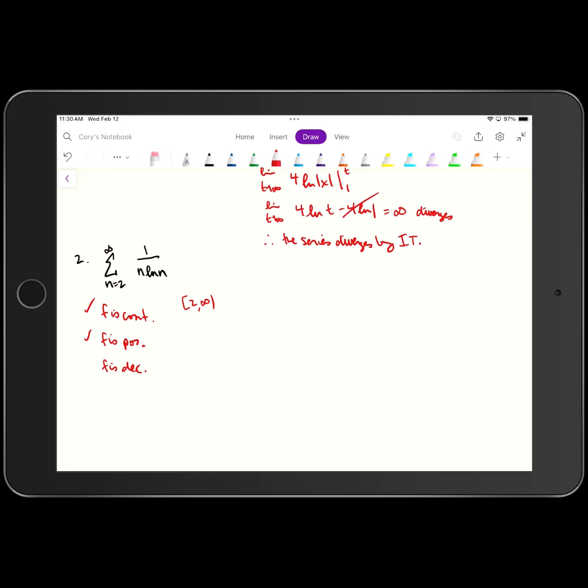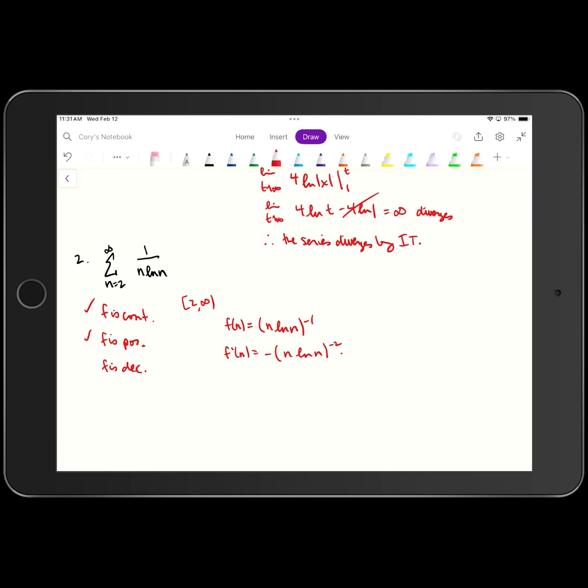So what I'm going to do is differentiate that formula. I can rewrite f of n as n times the natural log of n raised to the negative 1 power. When I differentiate that, f prime of n will be negative 1 times n times the natural log of n raised to the negative 2 power. Then using chain rule, I have to multiply by the derivative of the inner function, which I have to use product rule to differentiate.